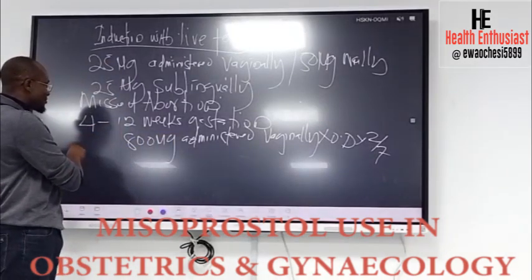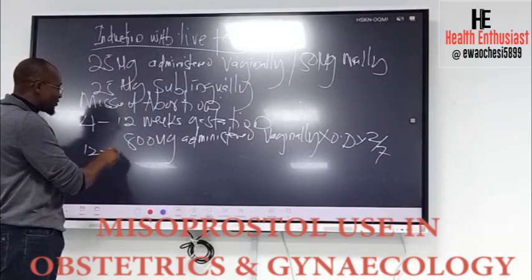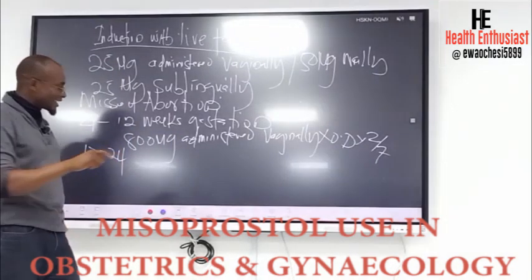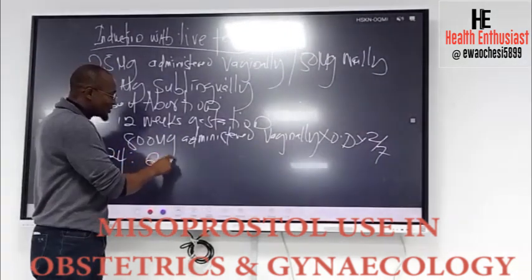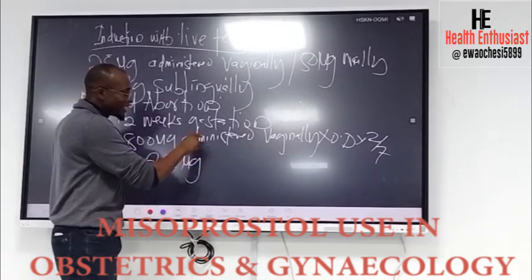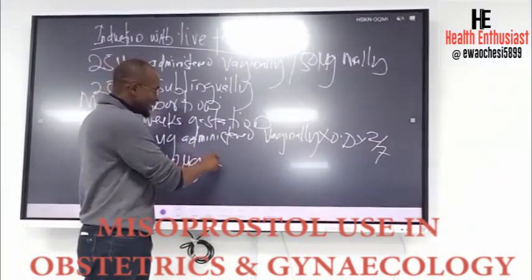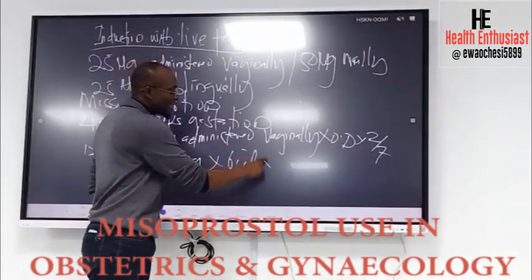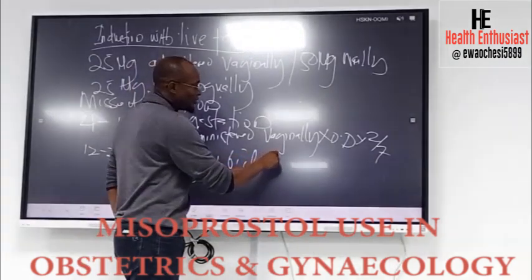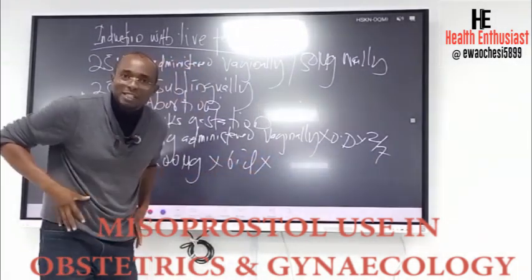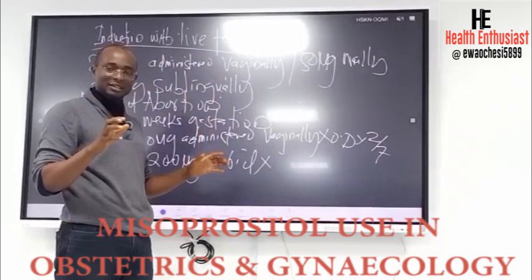So maybe if I'm considering 12 to 24 weeks, I can give 200 microgram. I administer 200 microgram BD, that is every 12 hours, until the expulsion of the conceptus from the uterus, right?